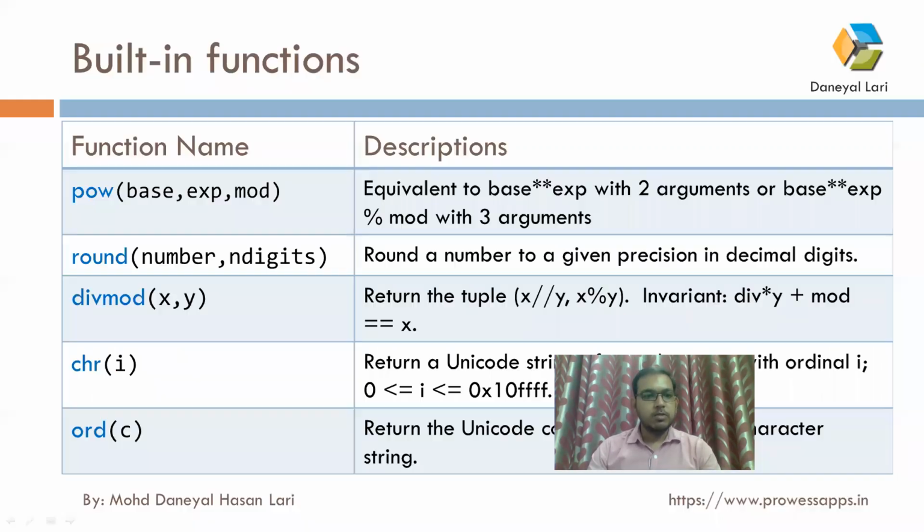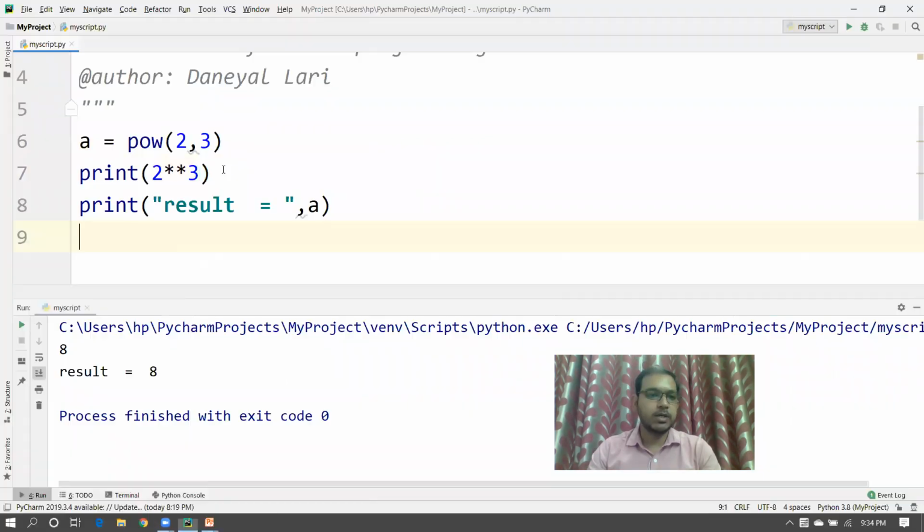The third argument is optional here. It says that after calculating the power, if you want to calculate the mod of that value, you can pass the value by which you want to find the mod.